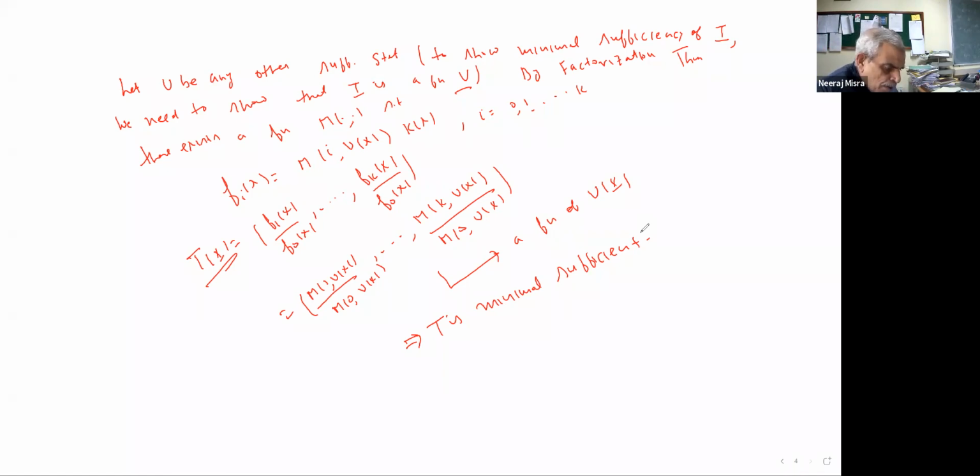But in problem B, I give 3 densities. f0 is positive only on -1, 0, f1 is positive only on 0, 1, and f2 is positive only on 0, 1. Here, f1 upon f0 and f2 by f0 is not minimal sufficient. So result 1 is not applicable because of this. The factorization theorem says, if you look at what the factorization theorem says?